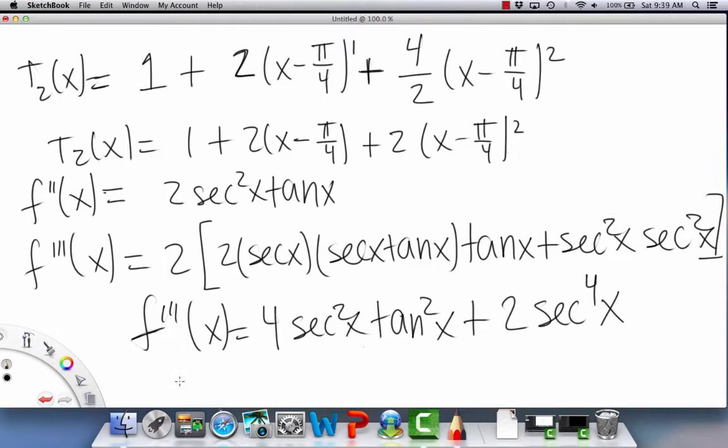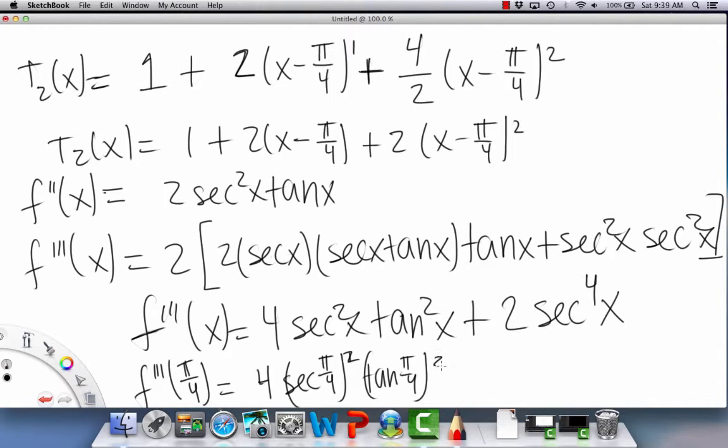When we evaluate it at pi over 4, we get 4 times secant pi over 4 to the second, tangent pi over 4 to the second, plus 2 times secant pi over 4 to the fourth. I'll simplify it.